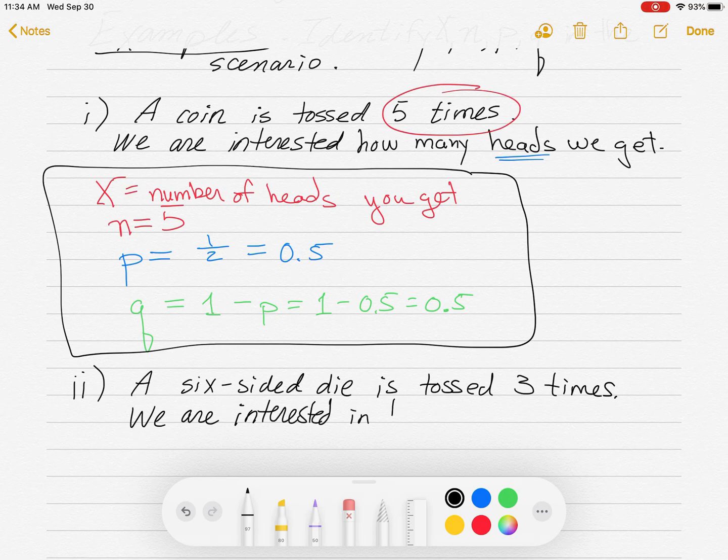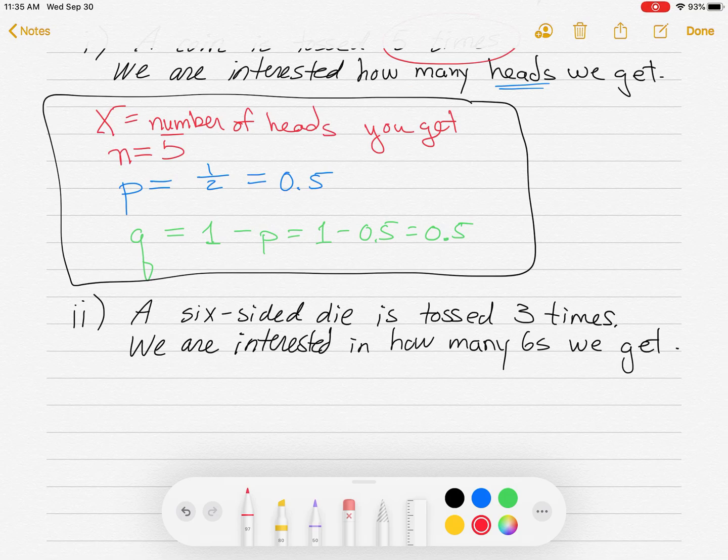We are interested in how many 6s we get. We start off with X. So X is the random variable that measures how many 6s you get. So the number of 6s.